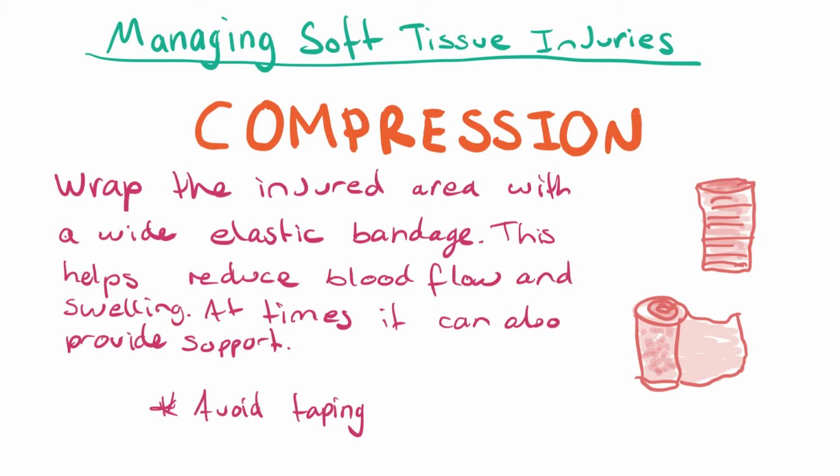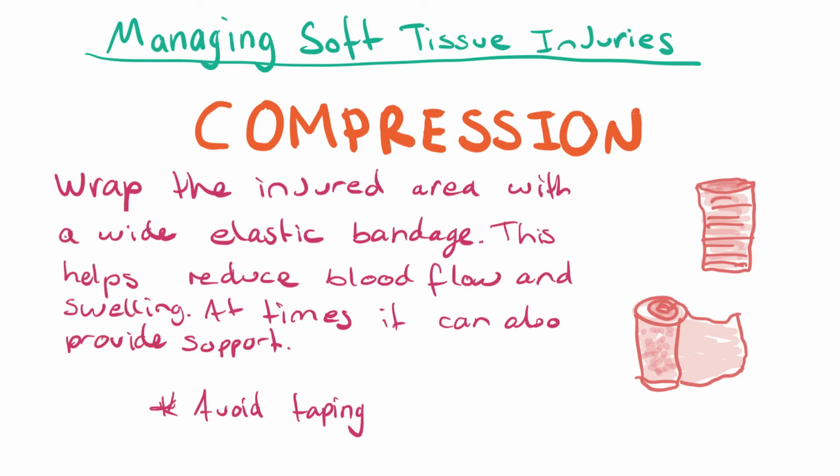Now, one thing that's really important with compression is, in the early stages of the inflammatory response, to avoid taping. The reason for this is that strapping tape doesn't have the flexibility or the elasticity that a compression bandage has.